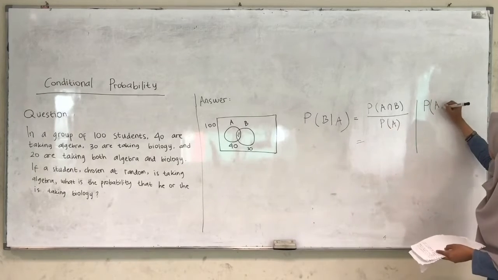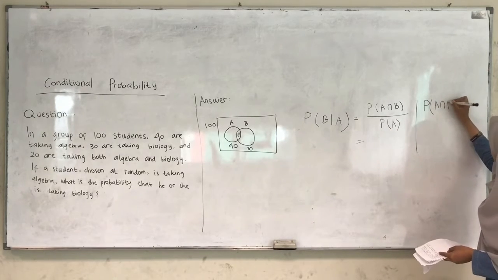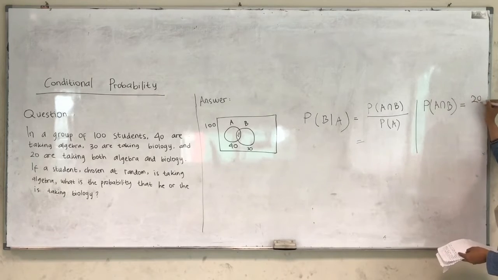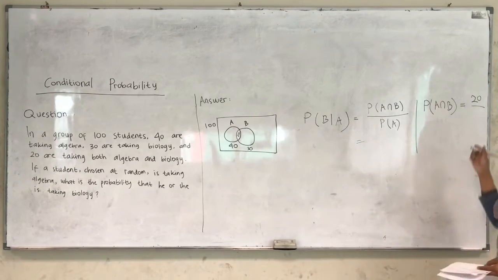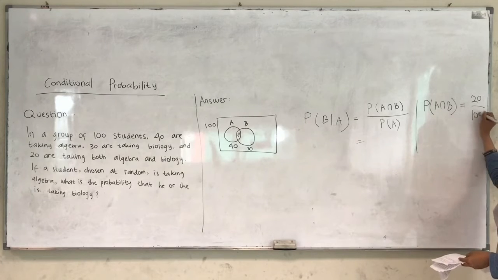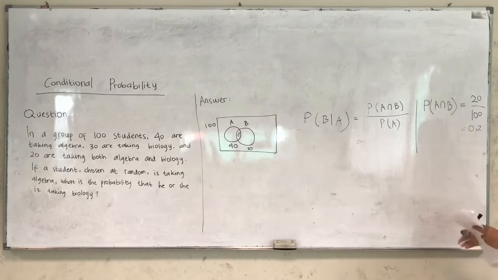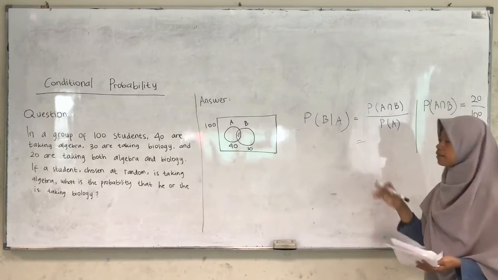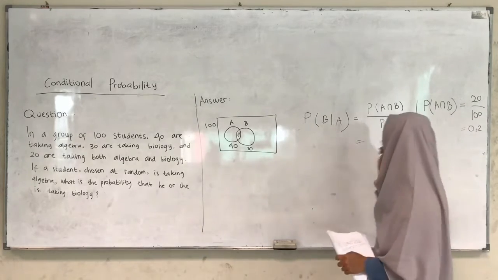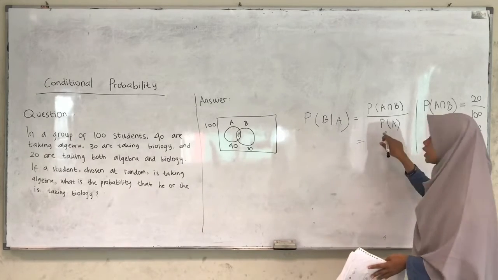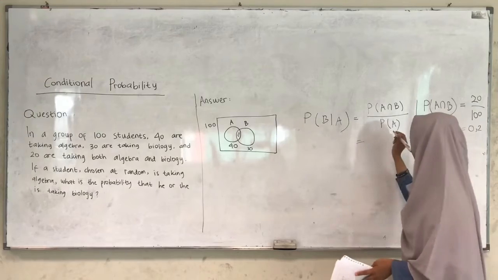Probability of the intersection of A and B is 20 divided by 100, and we can put 0.2 in here.